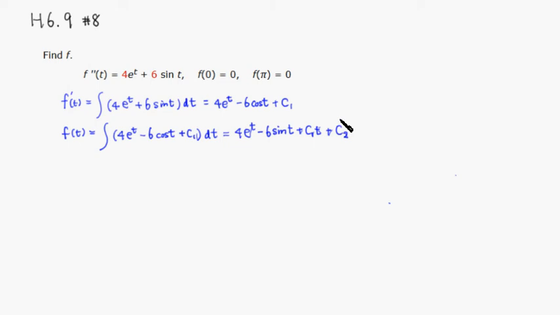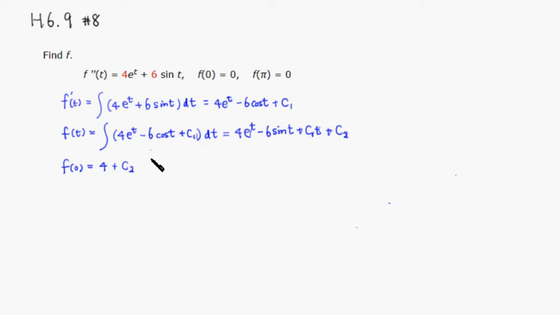Alright, then we can use these two conditions. So we plug in 0. e to the 0 is 1, so you get 4. Sine of 0 is 0, so that's 0. And c1 times 0 is 0. So plus c2.